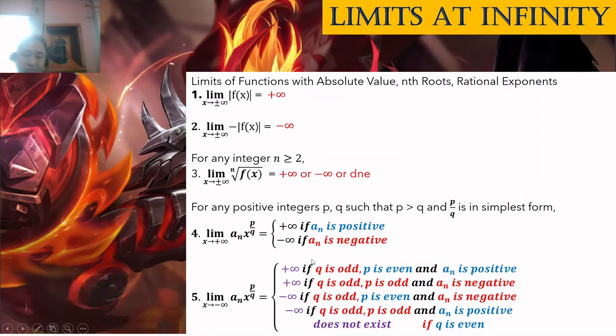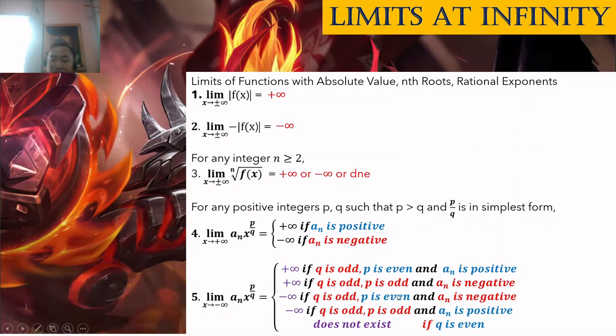Okay, now the answer is positive infinity if, okay, q is odd, p is even, and a n is positive. Then also positive infinity if q is odd, p is odd, and a n is negative. Because if both are negative, a n is negative and p is odd, so that value is negative, and q is odd, so it is negative, and a n is negative, so it is positive, so positive infinity.